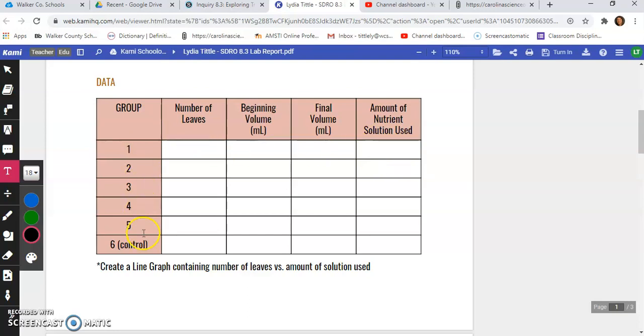So each of our groups will do that, and we'll also have our control. Group 6 will be our control, which of course would have 0 leaves, 250. We'll see what the final volume is, and then we'll see how much solution was used. So if you're doing this from home, I will put a picture of my homeroom's data on the assignment on Monday.